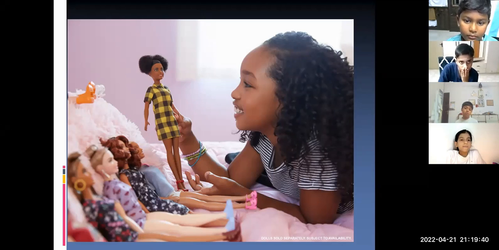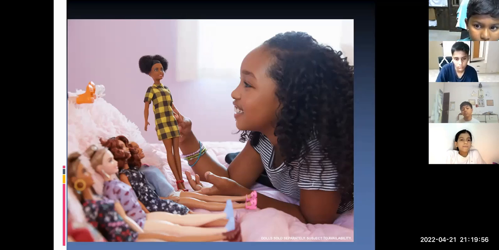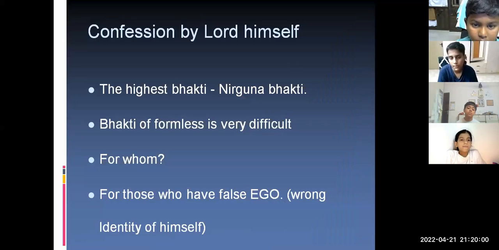Similarly, start with a simple Ishvara, something which you like. Some children will like Ganesha, Bal Hanuman. You start that way. Slowly you will incur the habits of that Lord in you, like this girl who has made her pony just like that doll. You also will become that Param Bhakta, the Nirguna Bhakta.